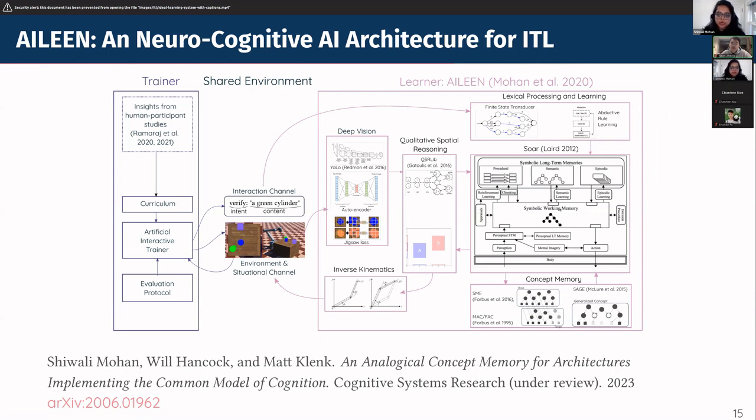Then we go into the source task reasoning system. So the reasoning system is thinking about, okay, my current state looks so, my goal is that I have that, object one has to be on object two. So what should I do next? So it's reasoning about what action to take. And then once it has determined an action, it comes back through the qualitative spatial reasoning layer, and then it goes into inverse kinematics.